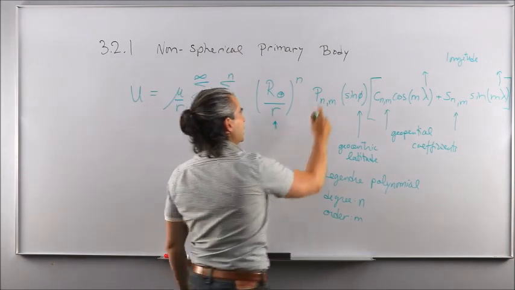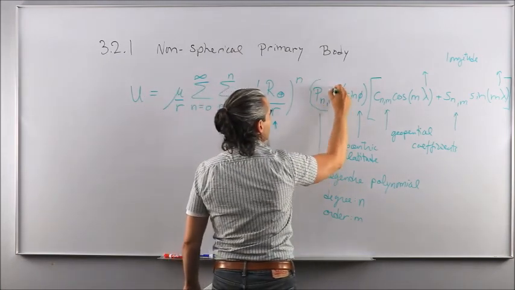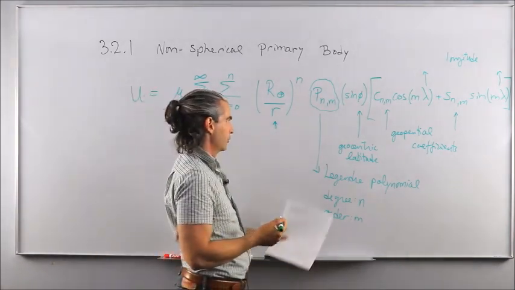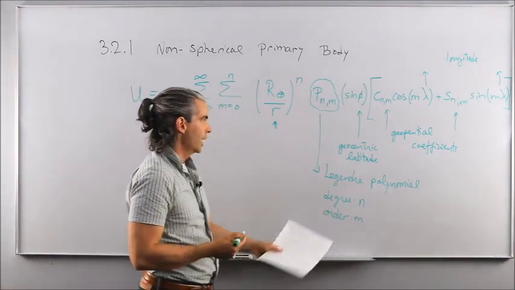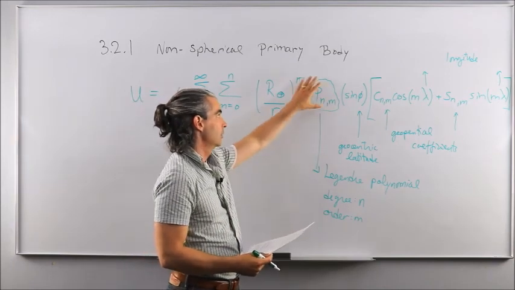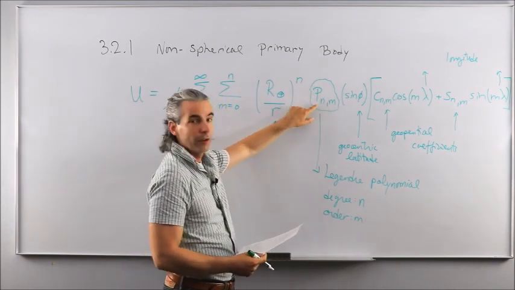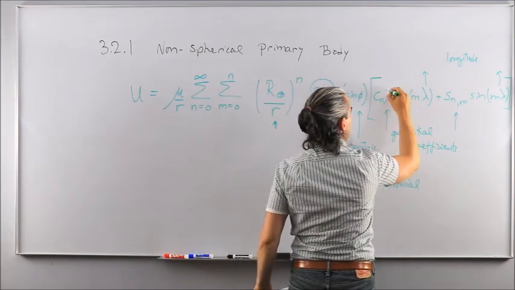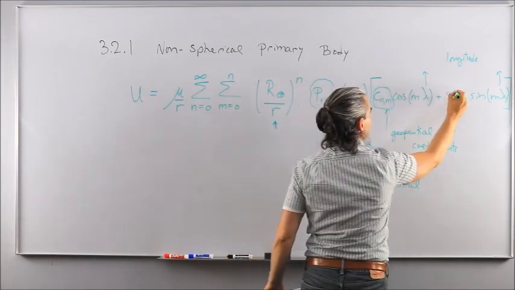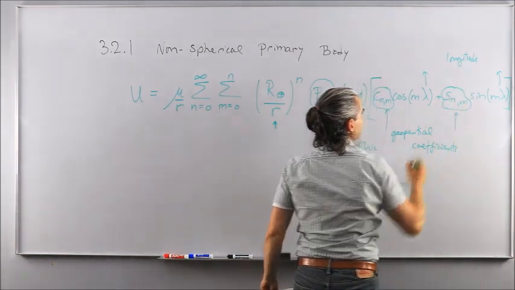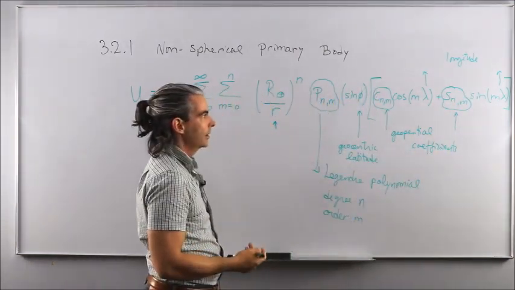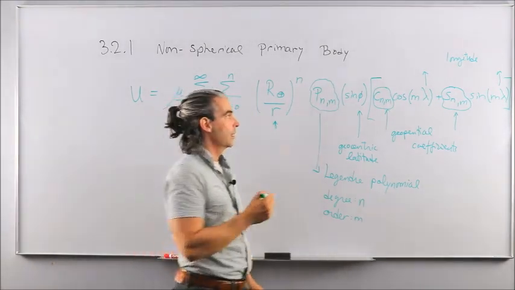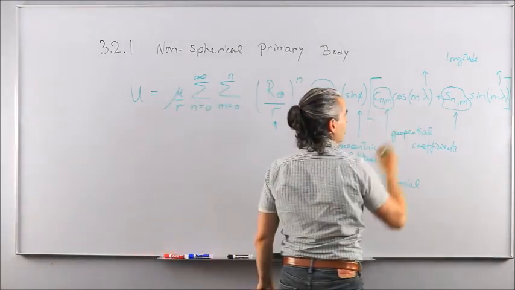Okay, so this is a mathematical object which is defined in the literature. So for degree n and order m, there are analytical equations that will provide us this term here. And those here are provided through satellite observations that are orbiting about the primary body. So those are scientific satellites that are designed specifically to figure out these geopotential coefficients.